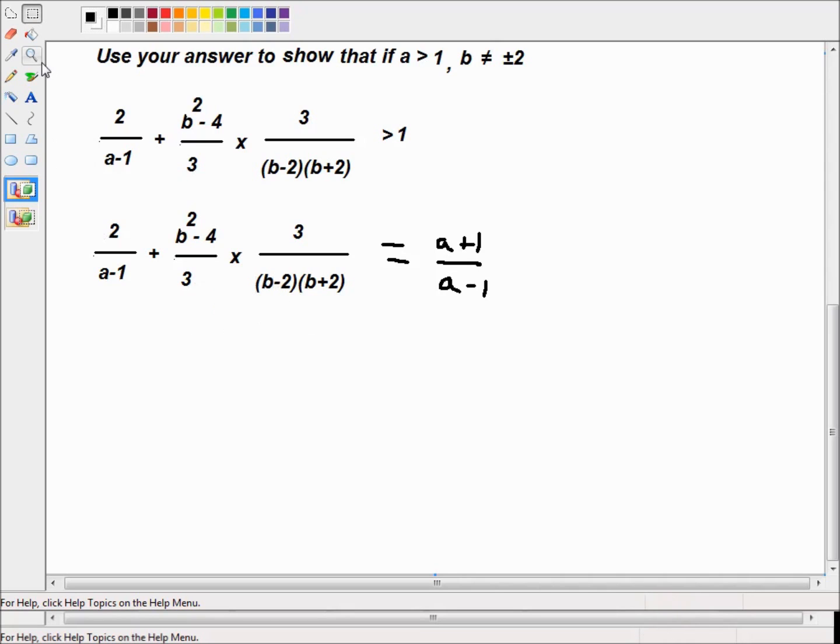And now we can say, if a is greater than 1, then a plus 1 is positive. And again, if a is greater than 1, then a minus 1 is positive.